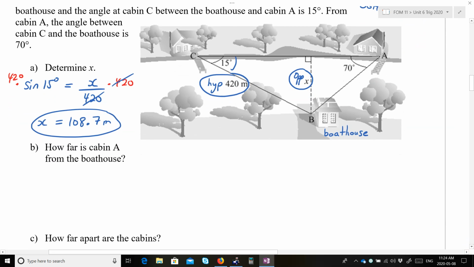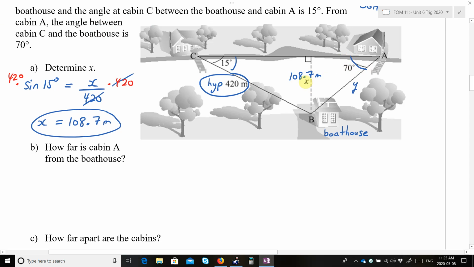Okay, part B says, how far is cabin A from the boathouse? Okay, so they want us to figure out this y distance here. We've now figured out that x is 108.7, so I'm going to erase this and I'm going to go 108.7 meters here, and we'll use the 70 degrees that they gave us.